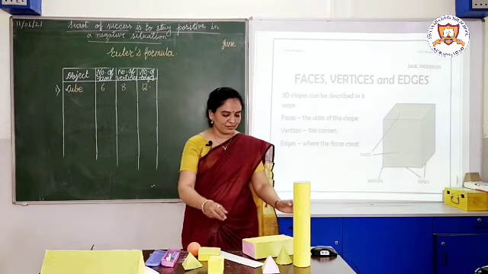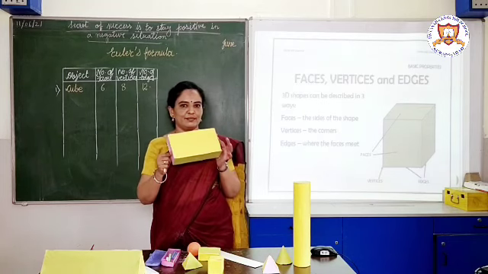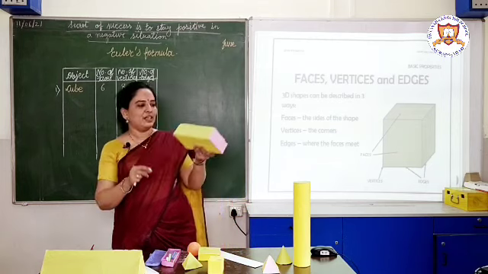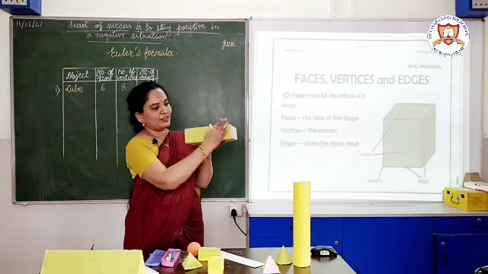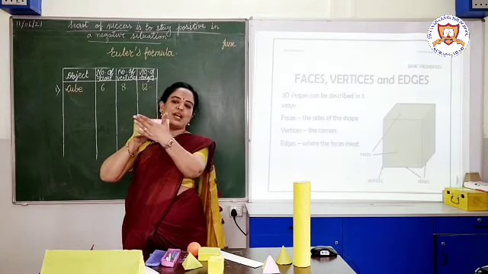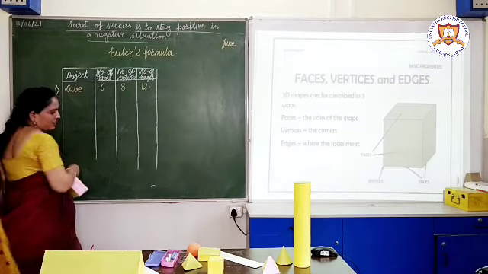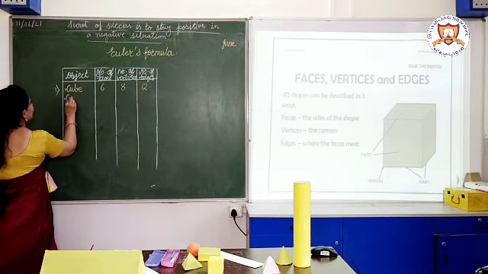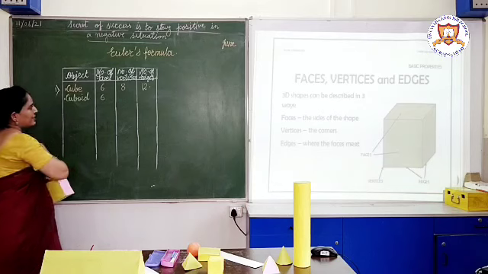Okay, this is one. Now let's come to this. This is which shape? Yes, it is a cuboid. Let's count for the cuboid. How many faces? 1, 2, 3, 4, 5, 6. I will take a different color. 6 faces.